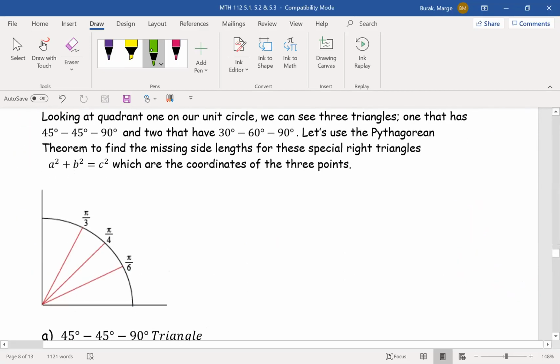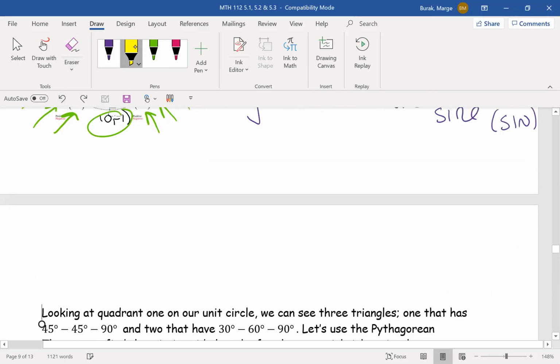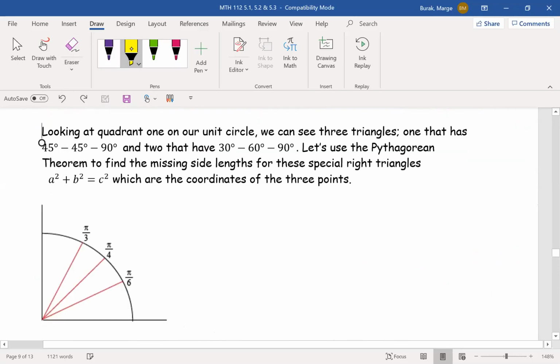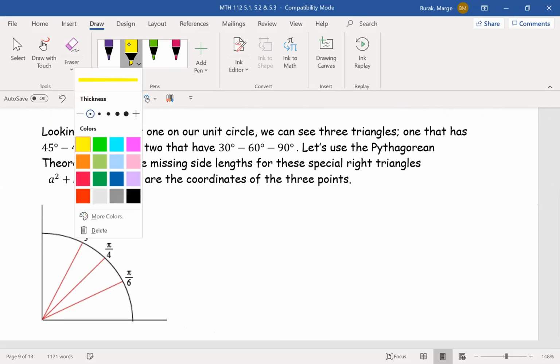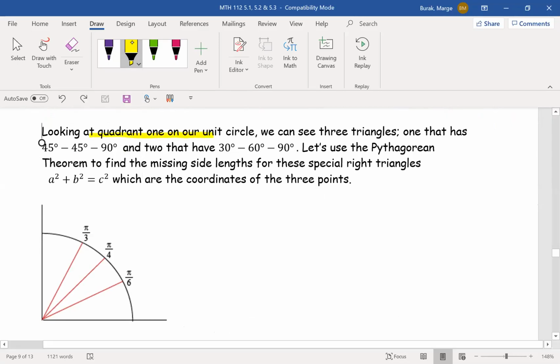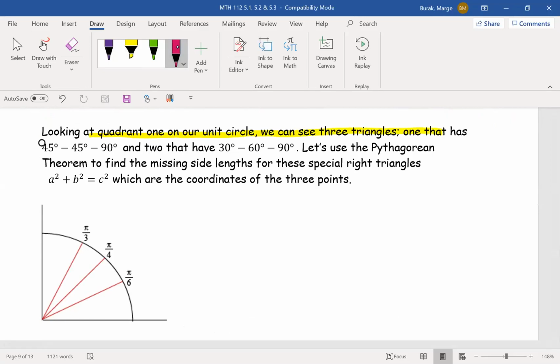So we're just going to look at quadrant 1 first. In quadrant 1, we can see 3 triangles, and I'm going to draw those for you. The first one is a 45, 45, 90 degree triangle.